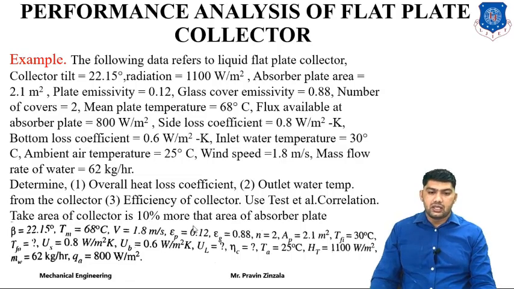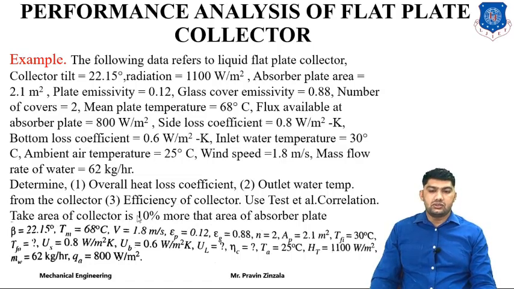Then the efficiency of the collector, our flat plate collector. Use the Test and Klein correlation, meaning we can also utilize the correlation for solving this example. Take the area of collector as 10% more than the area of the absorber plate.